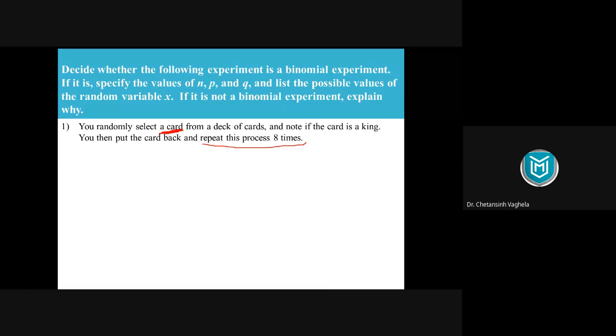Once again you are supposed to pick a card. You need to decide whether you got success or fail. Then you are supposed to repeat the similar kind of process for 8 times. Now, my question is for you guys. We need to decide whether this particular experiment is a binomial experiment or not. If it is a binomial experiment, then I am interested to know the values of n, p, and q, where n is the number of times we are repeating this experiment, p is the probability of success and q is the probability of failure.